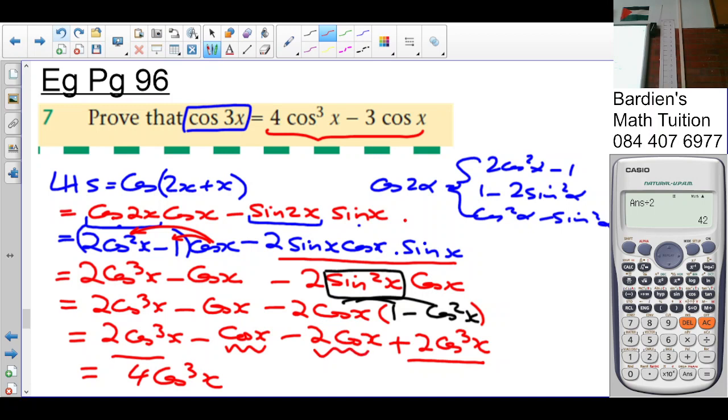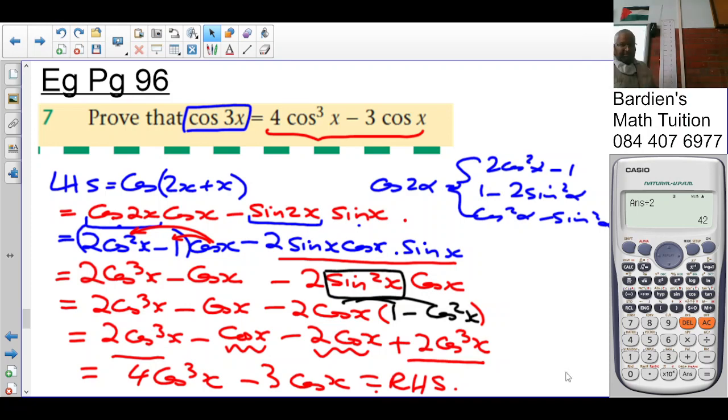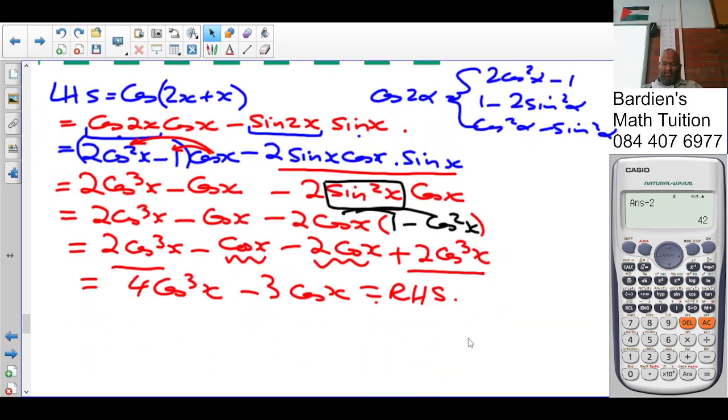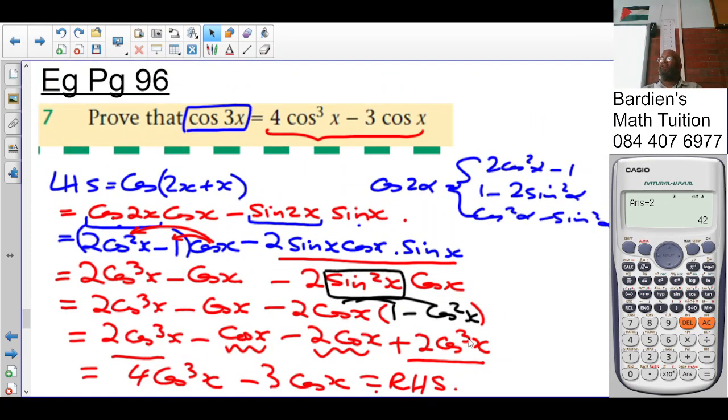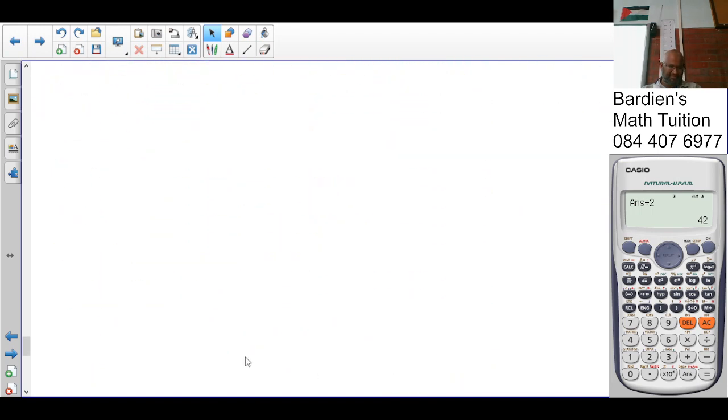That one and that one are like terms, which is negative 3 cos x, which is equal to the right hand side. Do you guys understand? Any confusion here? No? We can delete this.